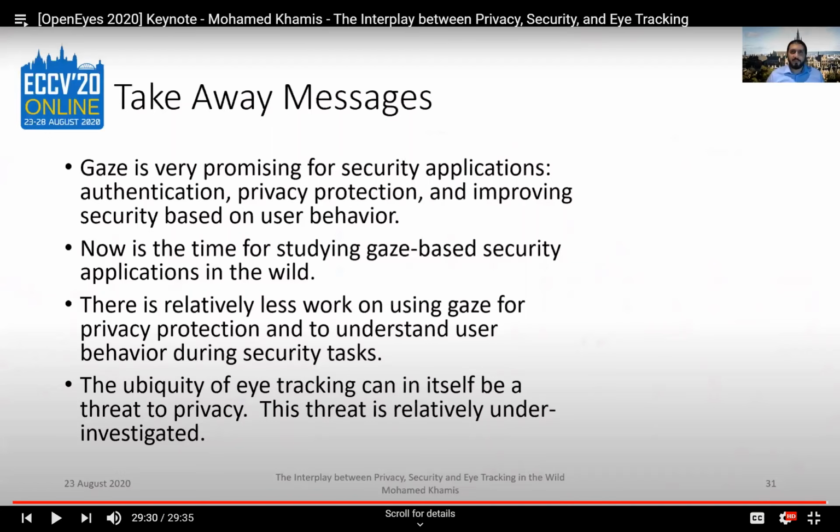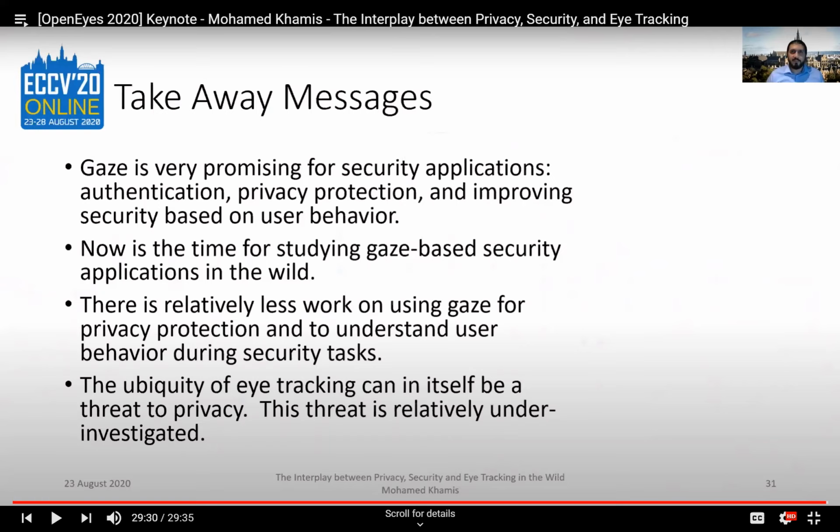How could gaze estimation and eye tracking for security be used for the driver monitoring case? So the question is whether gaze estimation for security could be used for driver monitoring situations.